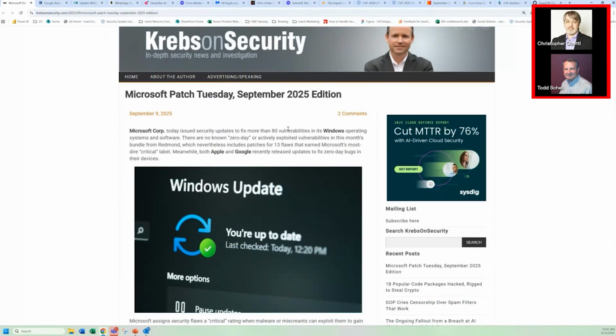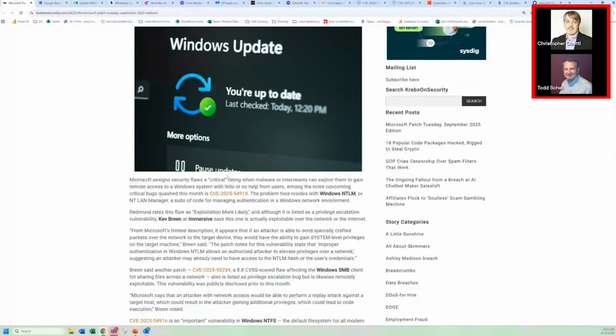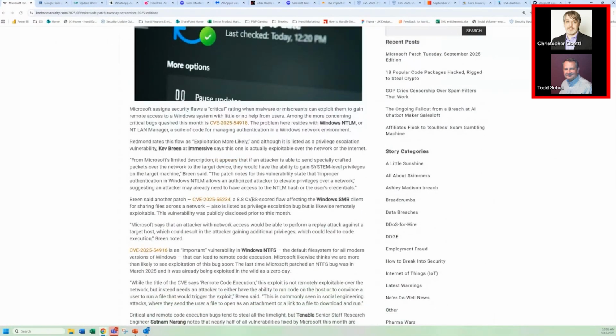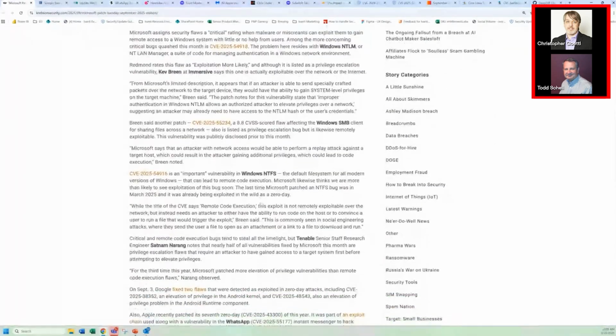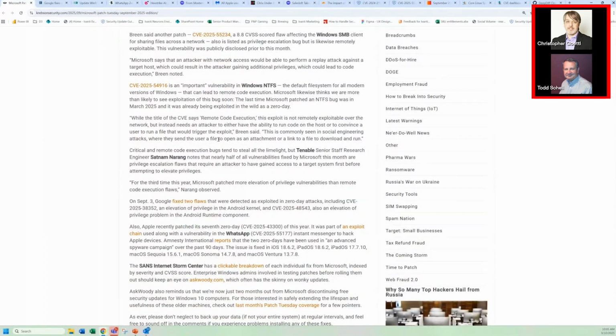So this month, Krebs on Security definitely had the best overall coverage. From what I had seen, it had most of the things captured there, talking about some of the Microsoft vulnerabilities, a little bit more detail into some of those, the higher CVSS score vulnerabilities this month from the Microsoft side. They had a few tidbits about some of those from security researchers across the industry.